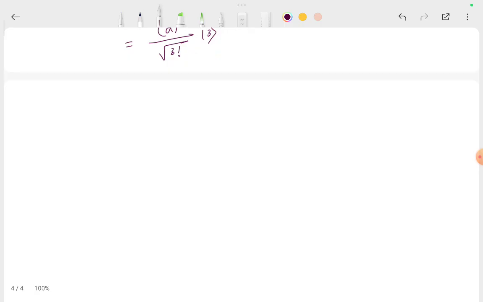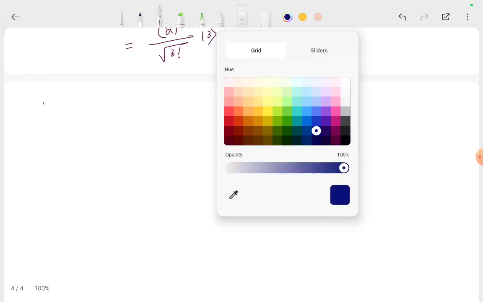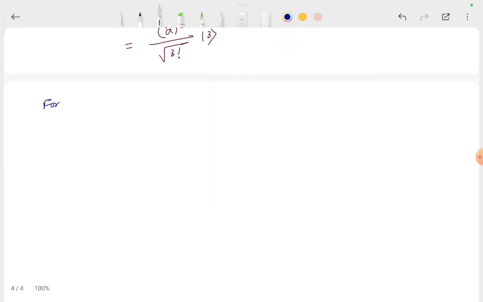So in general, for nth ket, we are trying to calculate ground state is equals to ground state a cap whole to the power n upon n factorial n ket. This is a very important result.